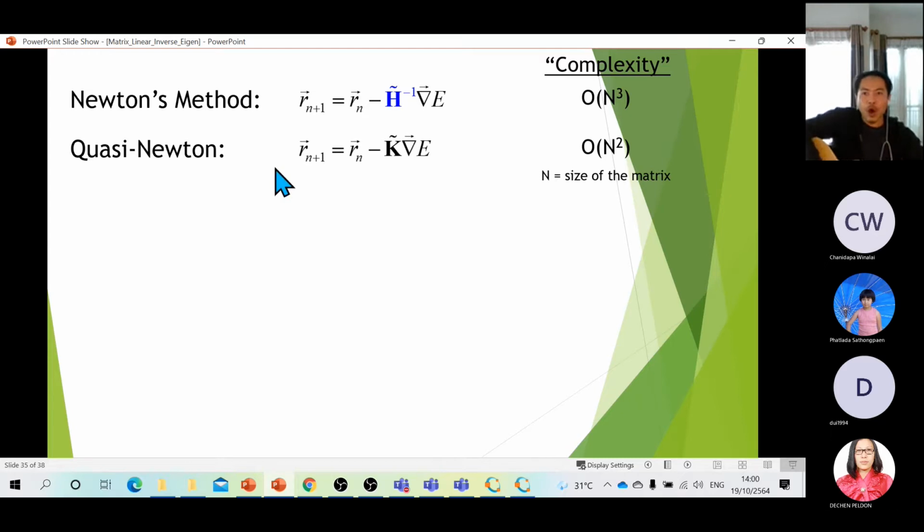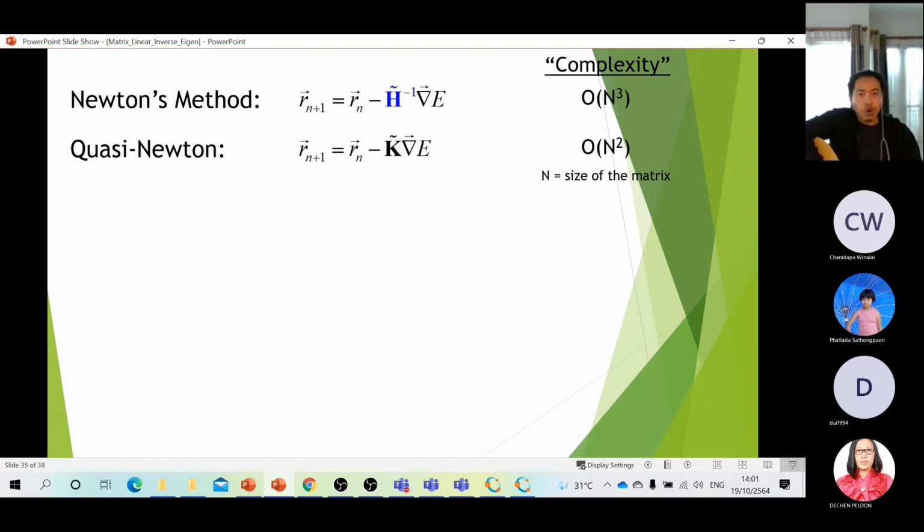Now, for this quasi-Newton method, we don't have to compute the inverse directly because we keep updating, and therefore the whole thing becomes just matrix multiplication instead, and that complexity is n squared. Now, if you compare n cubed and n squared, that's an n difference. What does it mean?